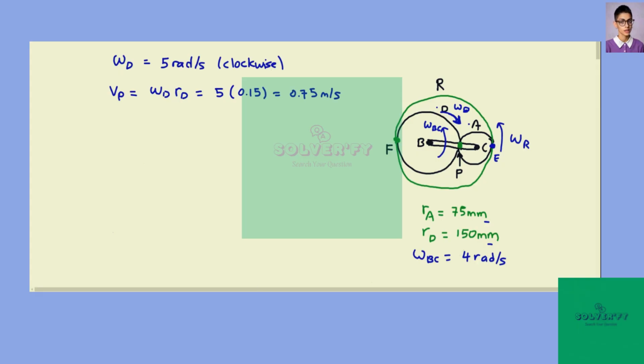So this is downward. And then we also have Vc. This is omega BC times Rbc. So this is equal to 4 times 0.225 meters, and you get 0.9 meters per second, and this is upward.